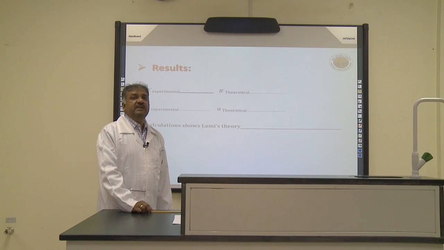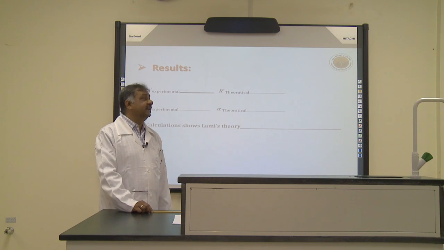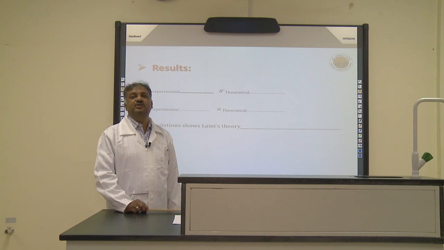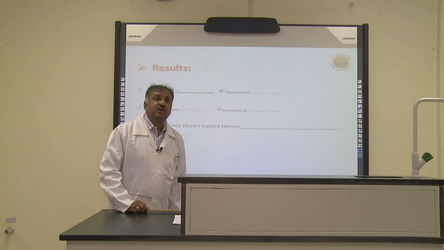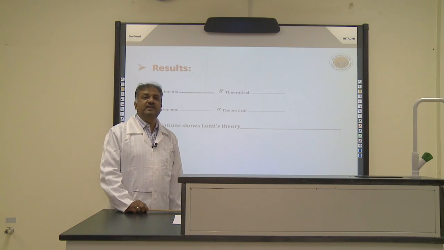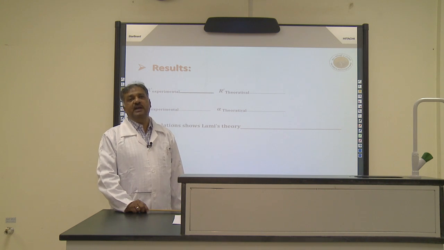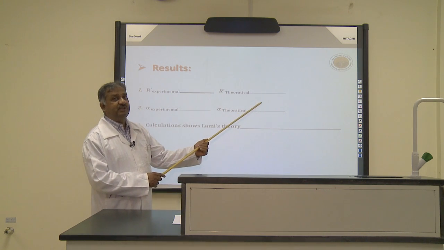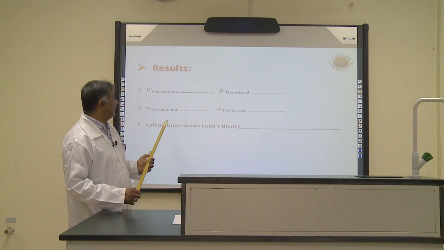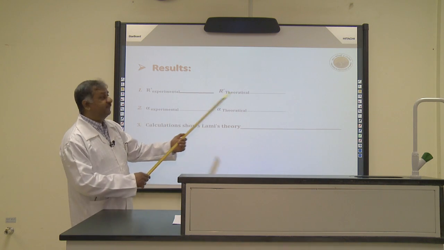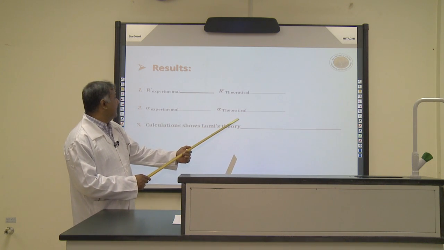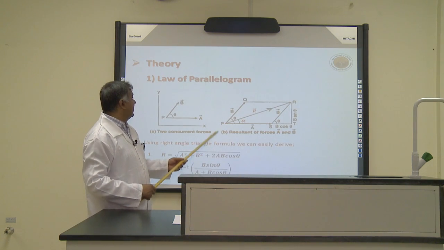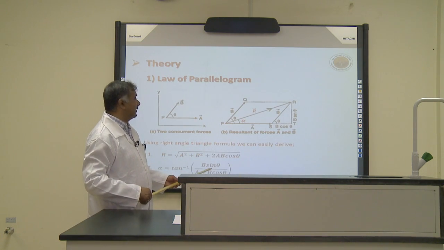After calculation, you have to write the result, the best one, which you find through the calculations as well as through the experiment. So, you will write one theoretical and one experimental result, its magnitude and then its angle, as given to you. You can see the resultant formulas are mentioned here.